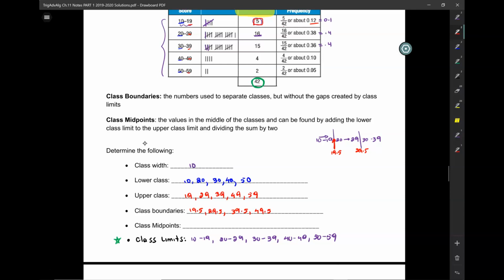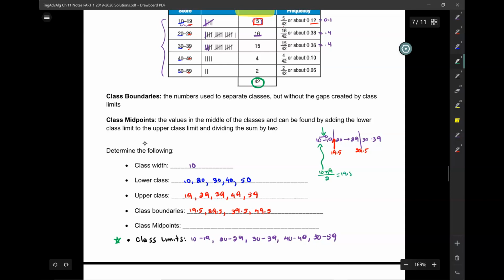Okay, the midpoints. The midpoints are the numbers in between, right? So the midpoint between 10 and 19, all you have to do is add them, like 10 and 19, divide by 2.